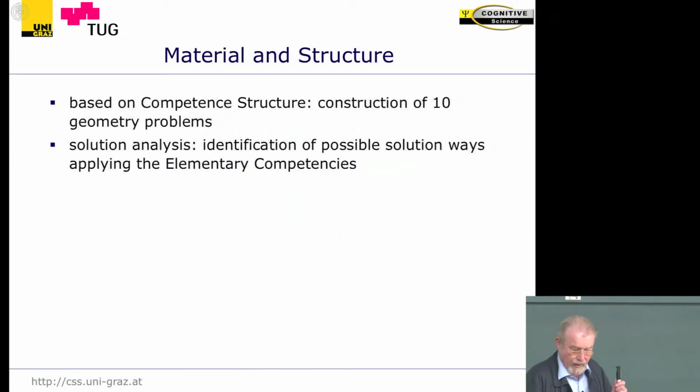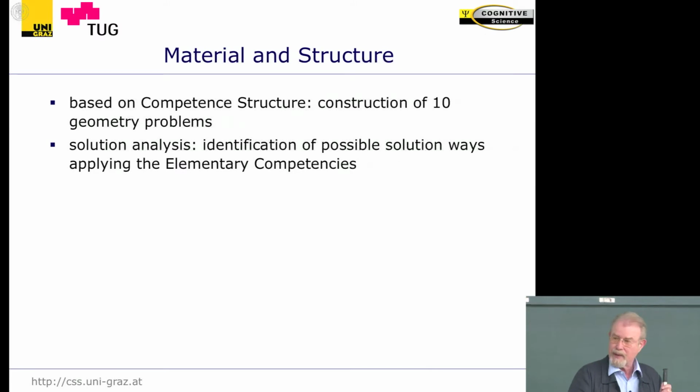And based on the competence structure, 10 geometry problems have been constructed. Of course, you have to assign the competencies which are necessary to solve each of the problems by analyzing the solution process to identify the possible solution ways, applying the elementary competencies.